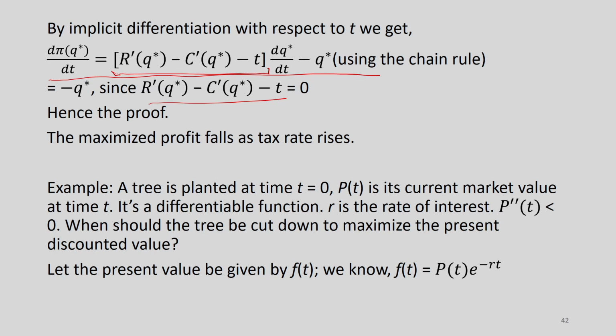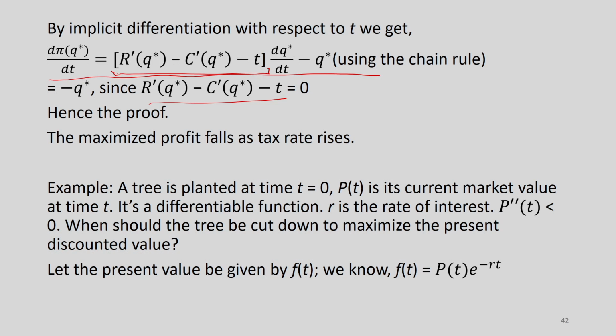Now let us look at another example of the same idea of the second order condition, that is, the second derivative. Here is the question: a tree is planted at time t equal to 0, P(t) is its current market value at time t.